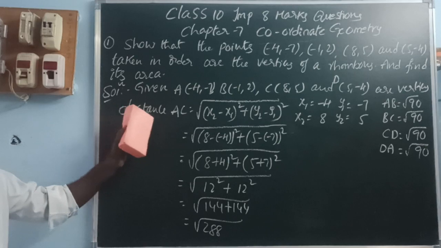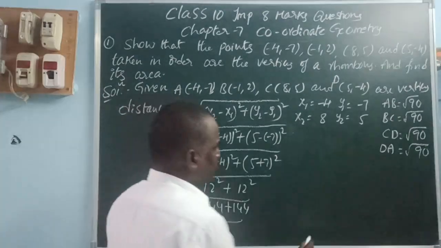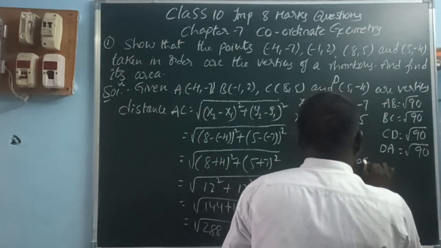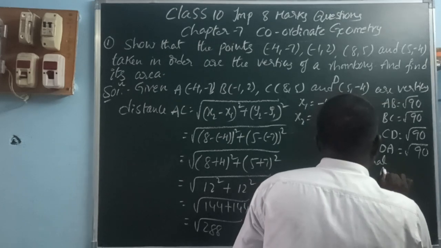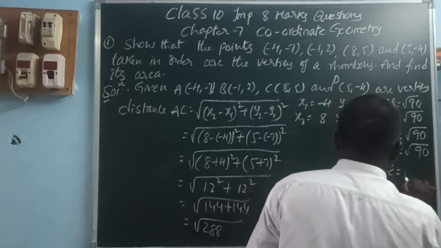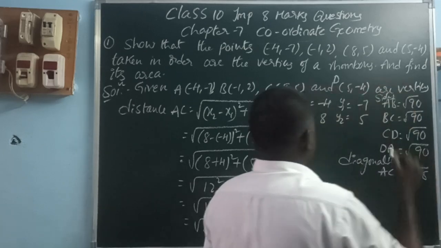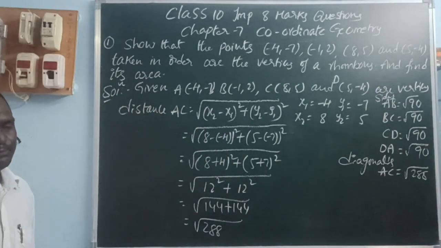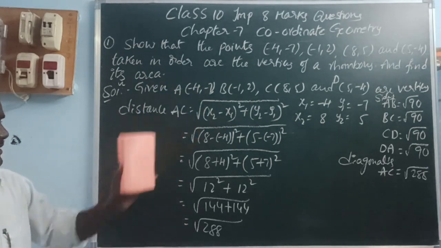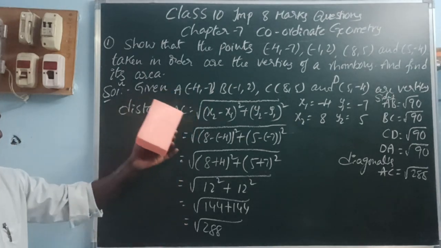So the diagonal length AC is how much? AC is square root 288. These are sides. So next, another diagonal is BD. So find the length of BD.